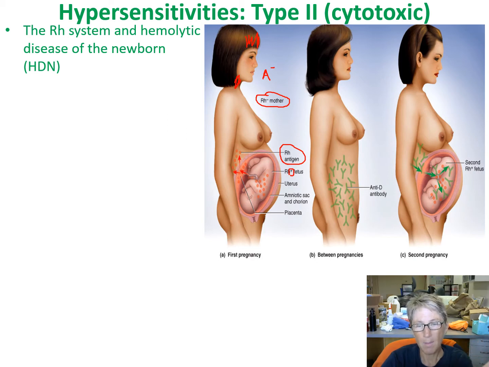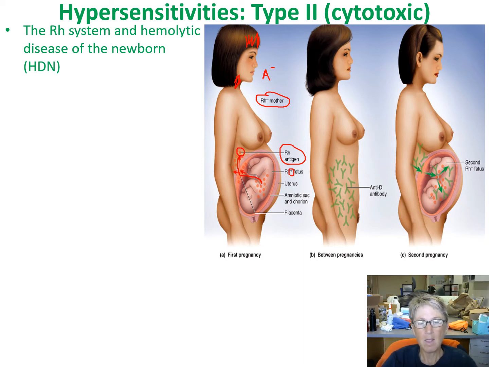Now, what happens if, and this doesn't happen every time, but sometimes the red blood cells from the RH positive fetus with the RH antigen can cross the placenta and get into the mother's bloodstream. So now the mom, who's RH negative, has this foreign RH positive antigen on these red blood cells from the fetus.